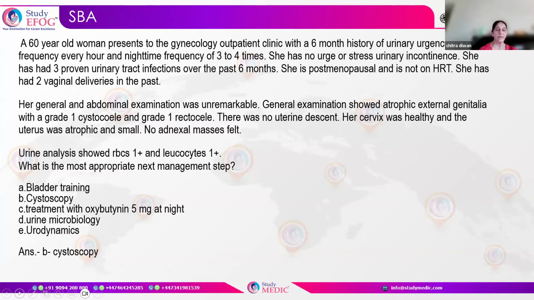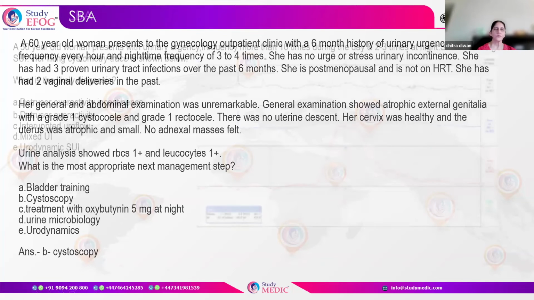It could be a bladder malignancy. So, for RBCs, hematuria, always first do a cystoscopy if the urine routine has already been done. If not done, first always choose the option that is least invasive. So here, urine routine has already been done. It is showing RBCs. So that is why cystoscopy is the first option to be chosen.